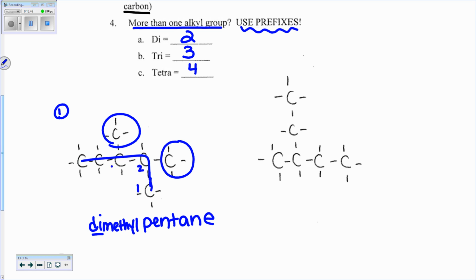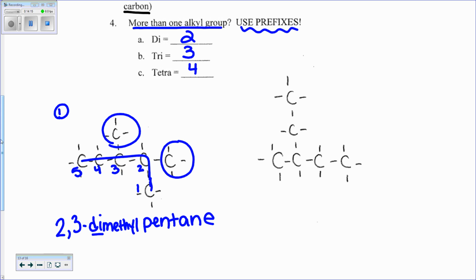That's 2, 3, 4, 5. Ooh, it is better to number it backwards. It gets those on lower numbered carbons. Because now I'd see it's on the 2nd carbon and it is on the 3rd carbon. So 2, 3, draw a little dash, dimethylpentane. 2,3-dimethylpentane.